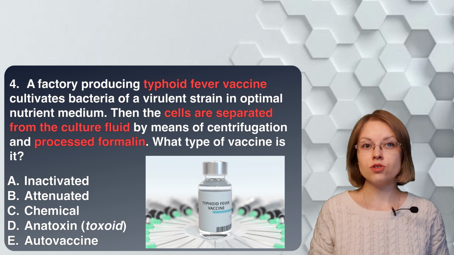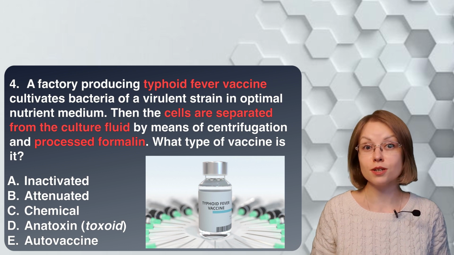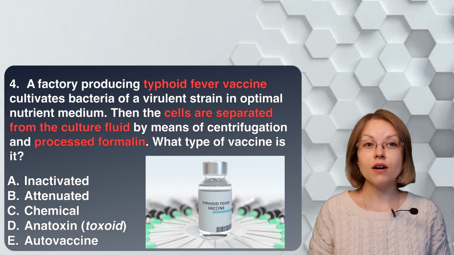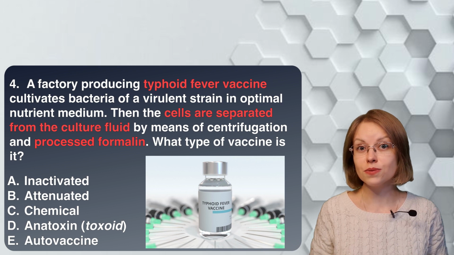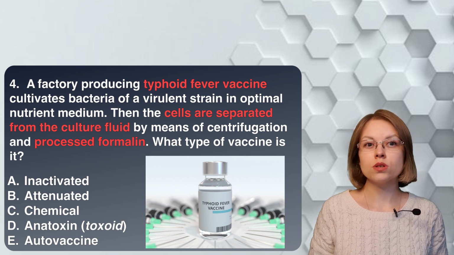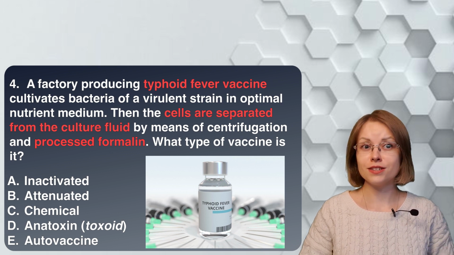Autovaccine is a drug of bacterial origin made from pathogenic or opportunistic microorganisms isolated from the patient's body. This is not stated in the test, so answer E is incorrect. Chemical vaccines are developed using a different technology, so C is a distractor.